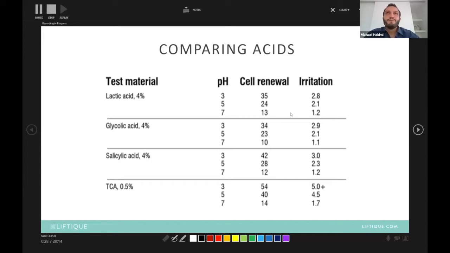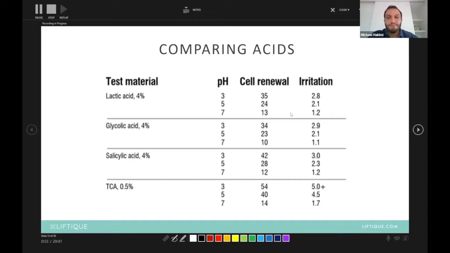Now, people ask us, why is your product different? Why would I get this from, let's say, Liftique or Dr. Hakimi versus buying something online or at Amazon? Medical grade products are stronger. Medical grade hydroxy acids have a lower pH, and you won't be able to find them in the products that are available over the counter.